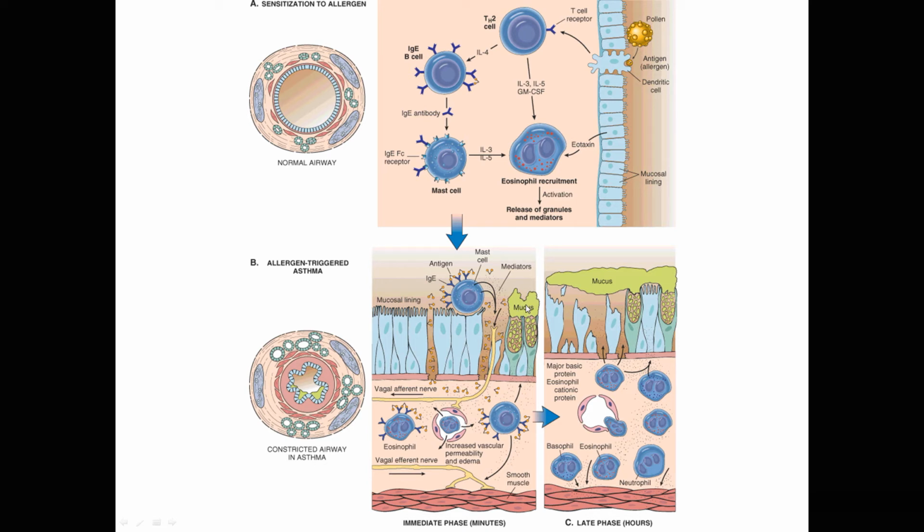This is here the appearance of the normal airway and the airway under the effect of multiple exposures to allergens. As we see, the edema will cause the thickening of the wall to decrease the lumen. Also, hypertrophy of the muscle layer contributes to the thickening and to the decreased lumen. Also, hypertrophy of the mucous glands.